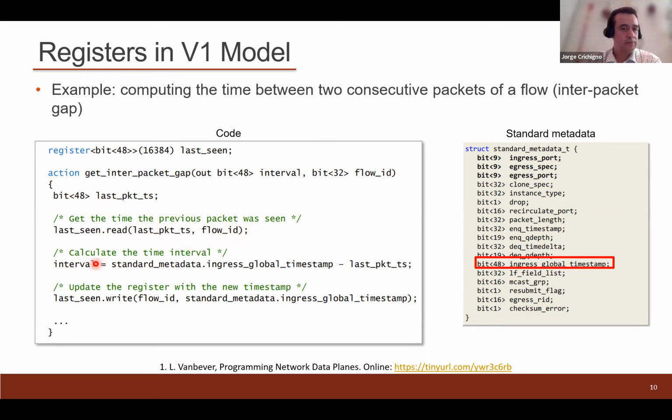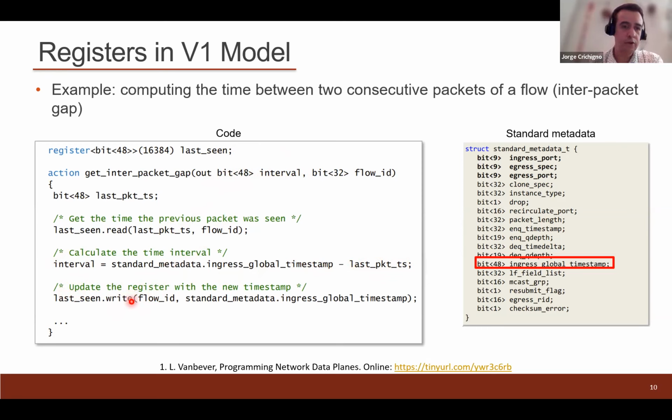Calculate the time interval. So the interval will be the current time, the time the current packet was observed, minus the time of the last packet. And this will be the value that will be returned because this is an output parameter. And then finally, we update the register because the register is storing the last timestamp.